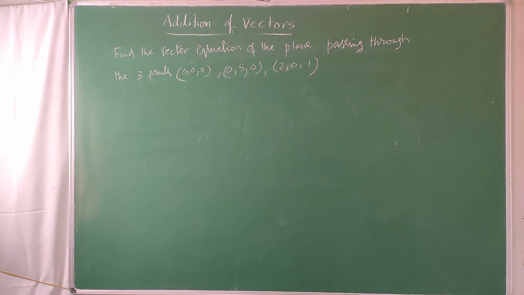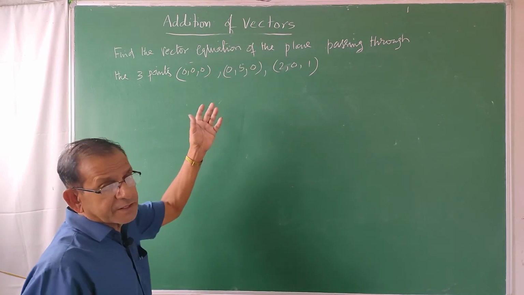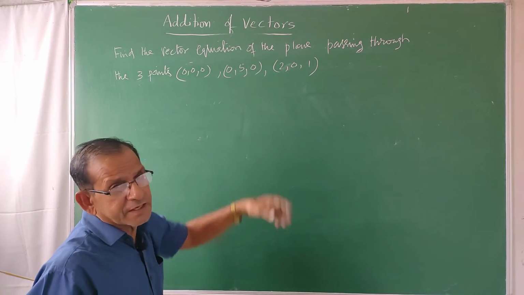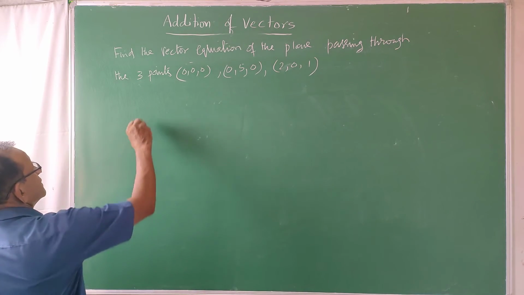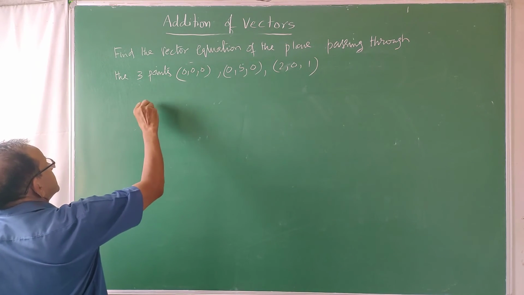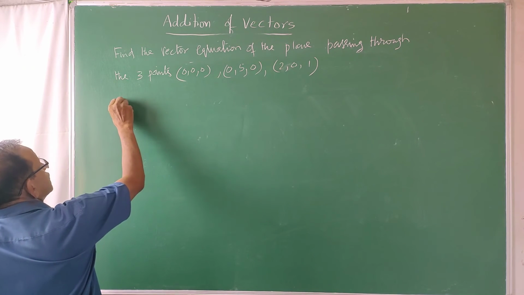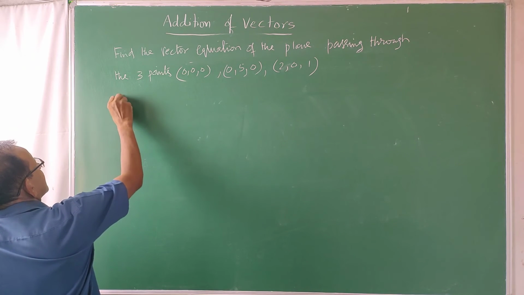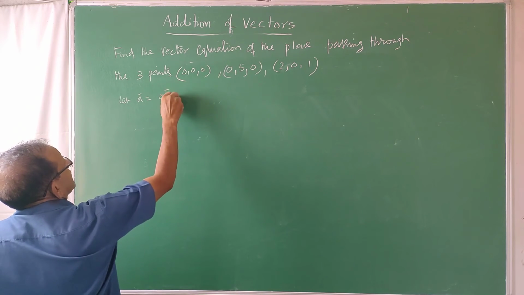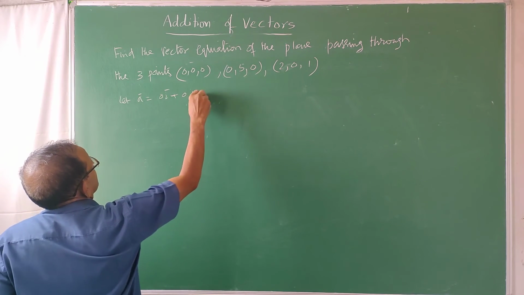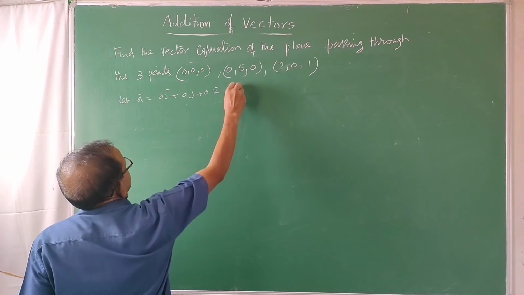Here say the question, find the vector equation of the plane passing through the 3 given points. You take them as A, B, C. Of course this is origin only, but anyhow, let A bar is equal to 0 into i bar plus 0 into j bar plus 0 into k bar. Simply you call it as 0 bar.